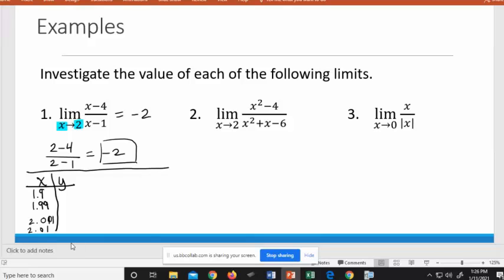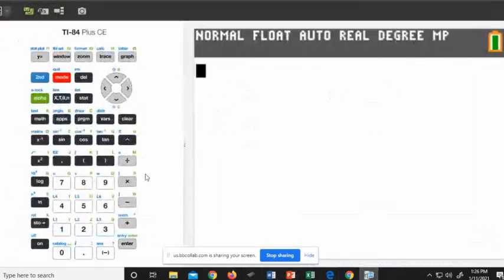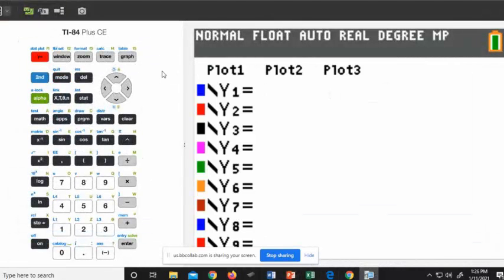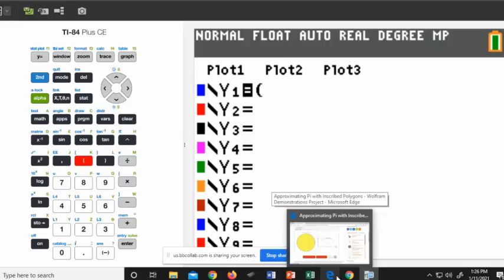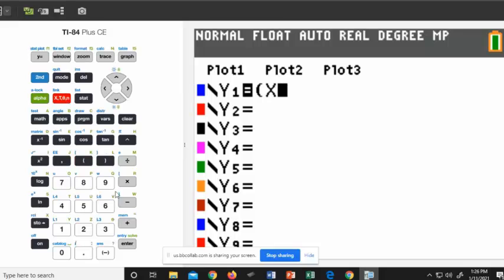And now we plug those values in our calculator and evaluate. Now, I think last time I showed you how to evaluate the function on your calculator if you're using a table over and over again. This is possibly a good time to do that. So I'm going to go to my calculator and type in this function, x minus 4 divided by x minus 1.